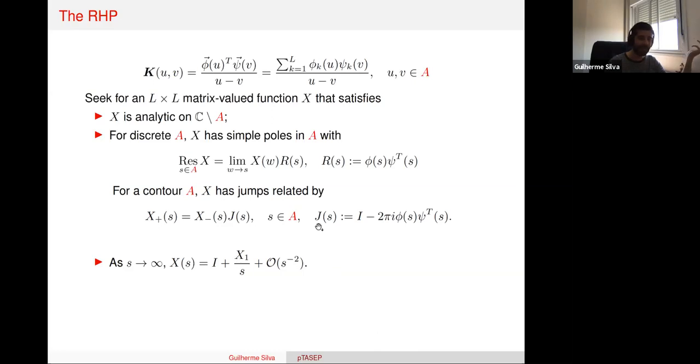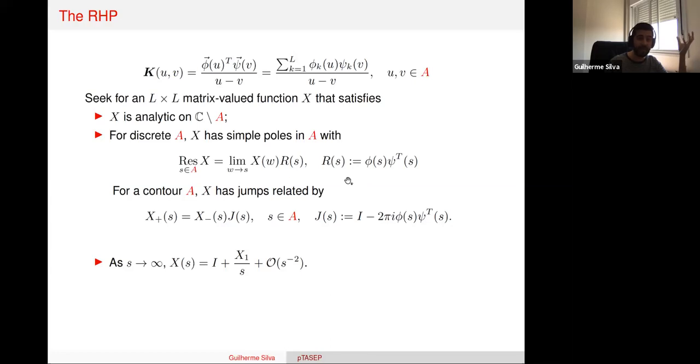So there's a problem: find X with those properties, and the theory tells you that there exists a unique solution if and only if the Fredholm determinant of the operator is non-zero. In that case, you can compute.